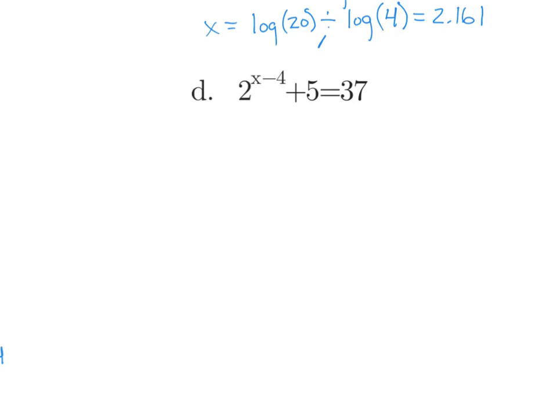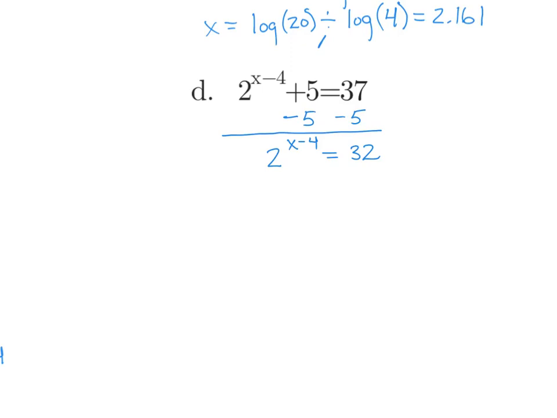So the first thing that I want to do, just like we did when we talked about solving square root problems, is move anything outside of the exponential thing to the other side, which means I want to start by subtracting 5 from both sides. We get 2 to the x minus 4 equals 32.